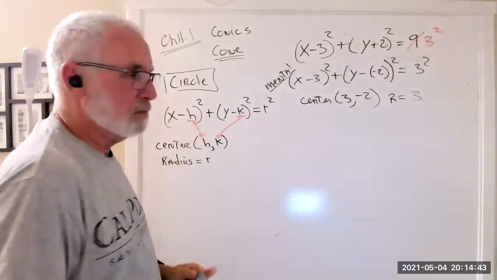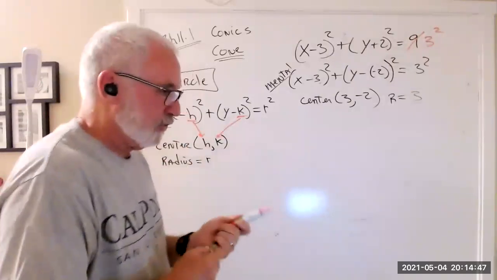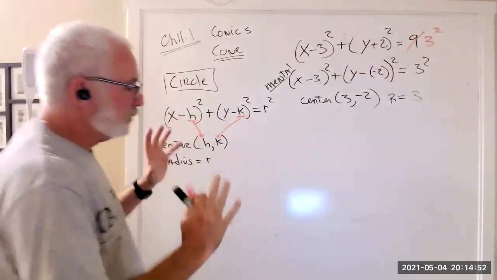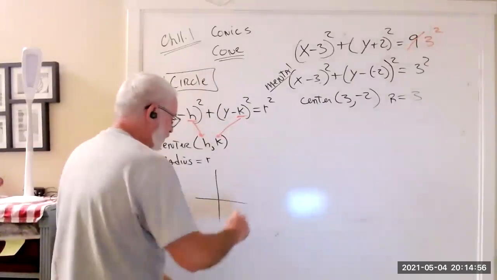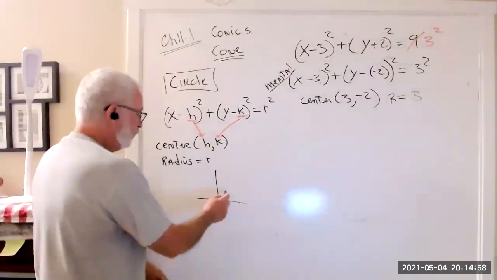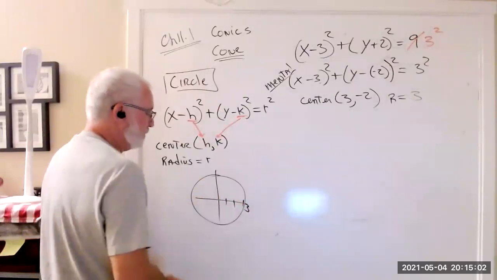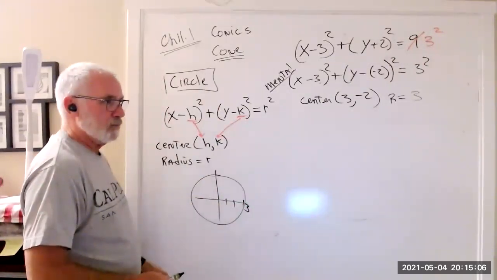And as usual, mom screws us up, so let's think about this. A circle with radius 3: 1, 2, 3. But what have we done to that circle?